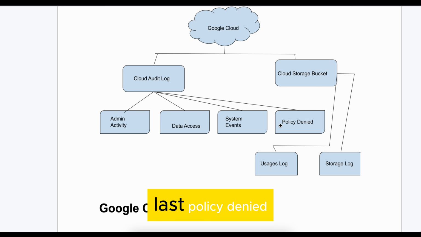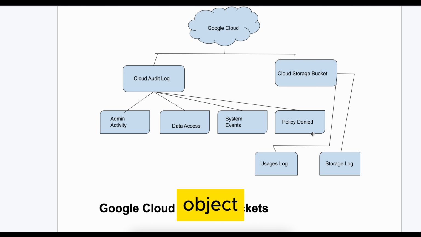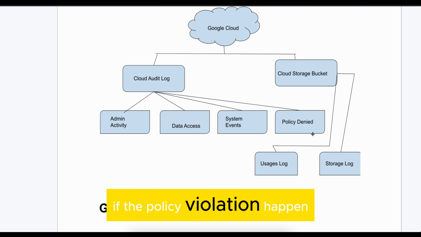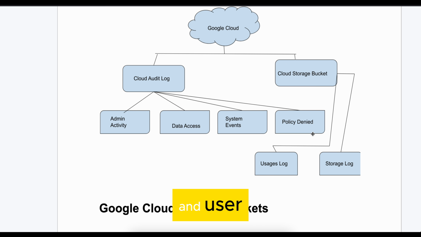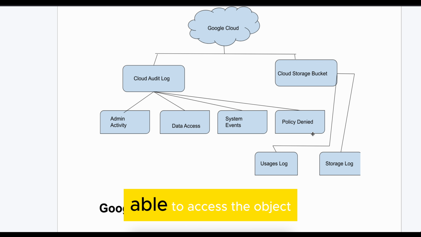Last, policy denied. That means if any user or subject tries to access any object, and a policy violation happens and the user or the subject is not able to access the object due to security clearance or permission, that is called policy denied.